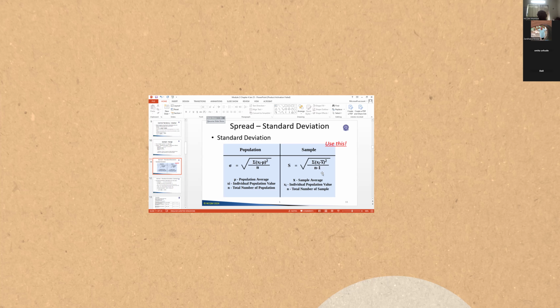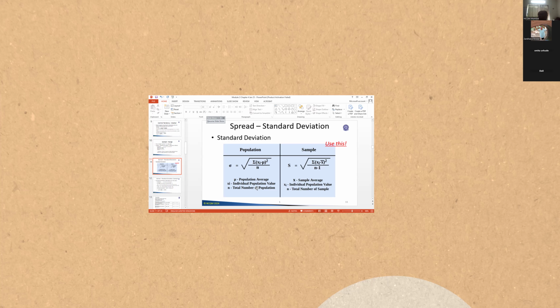For the entire population, the notation is sigma, and mu is considered as the population average, whereas in the sample you use x bar. Over here it is mu. Again you calculate for each value, and then you put the total population as n.